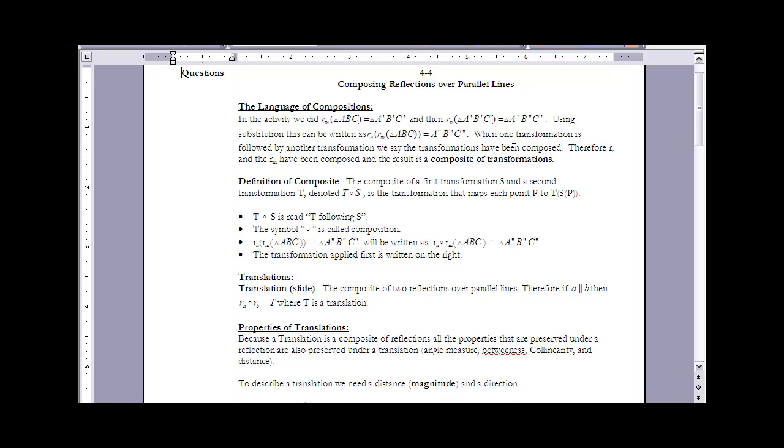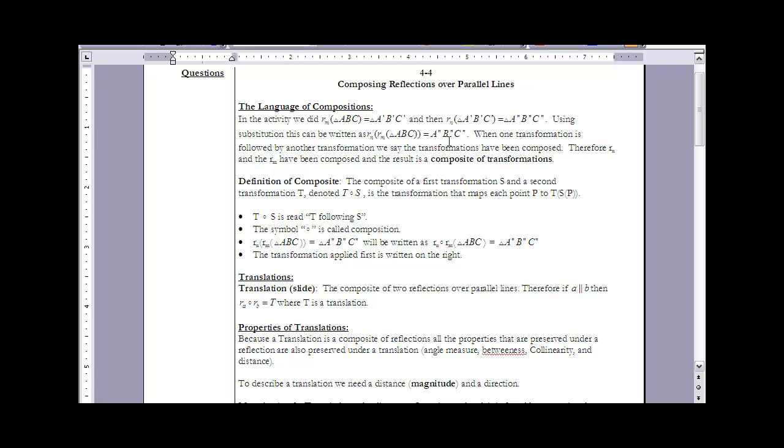Starting with this, since I know triangle A prime, B prime, C prime is equal to the reflection over M of ABC, I can substitute the reflection over M of triangle ABC into this statement.